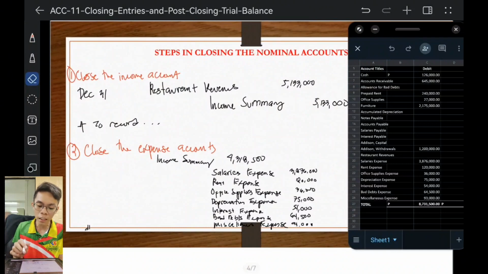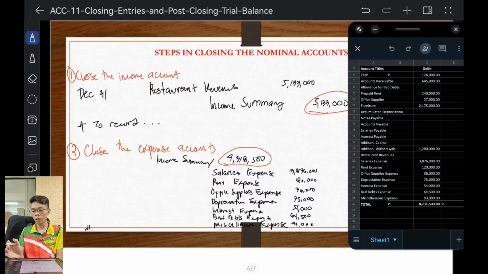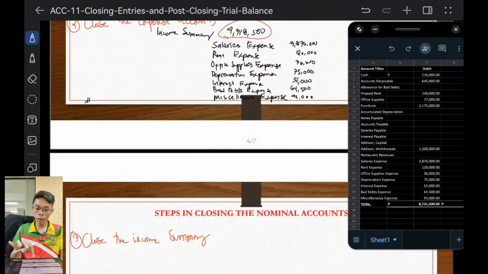So if you can see, the income summary on the credit side is 5,133,000, and the total income summary on the debit side is 4,318,500. So which is higher? The higher is on the credit side. So if it is bigger on the credit side, then our income summary will be debited to close the income summary.